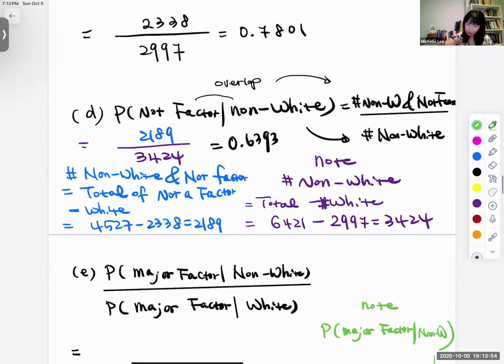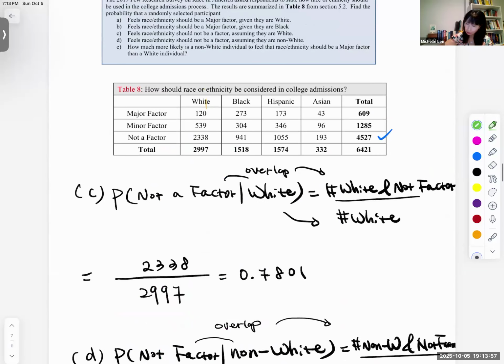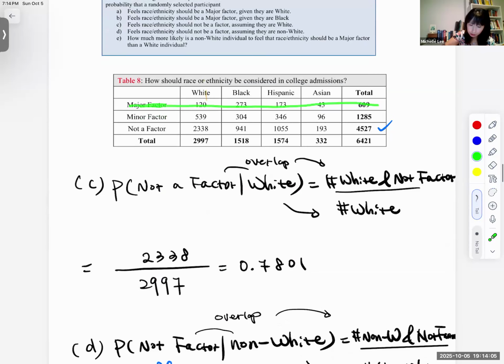Let's do it. Okay, so major factor overlap, major factor, but then we need non-white, right? So we need this one actually, right? This one. But then if we do 609 minus 120, we get that, right? Make sense? Once again, 609 minus 120, we get the non-white. I mean, major factor, non-white.